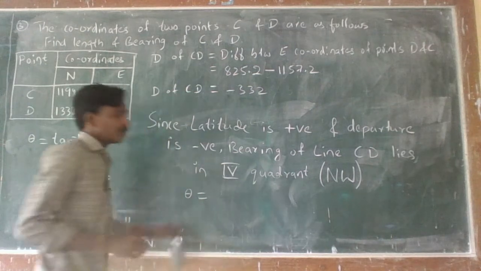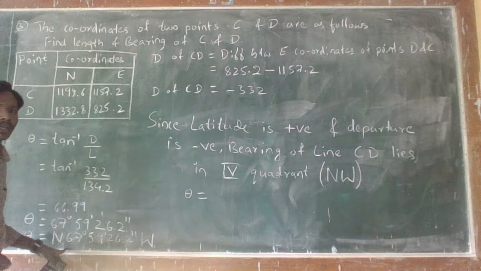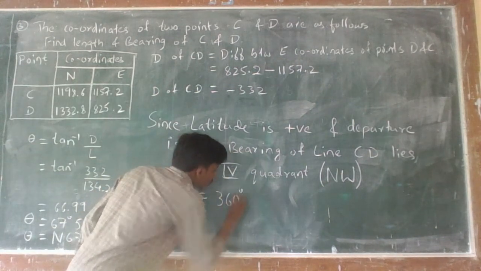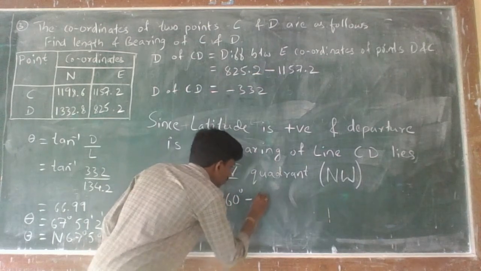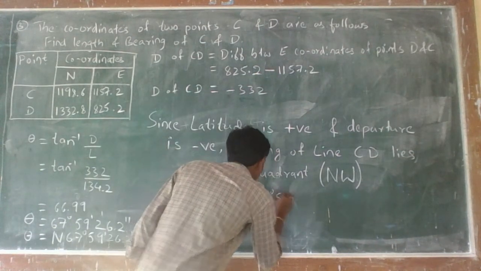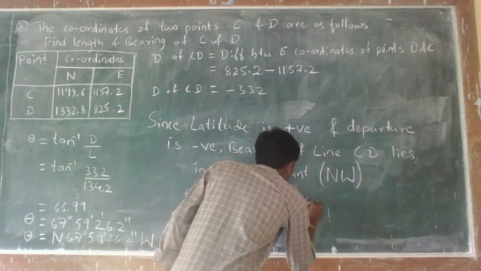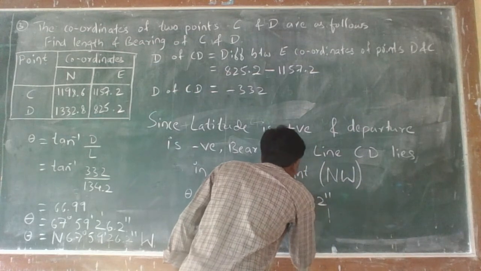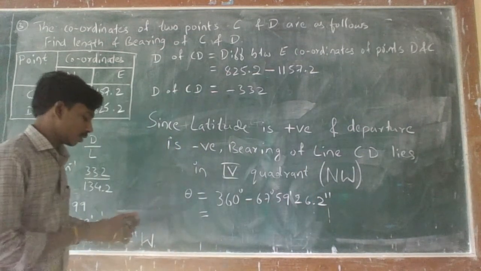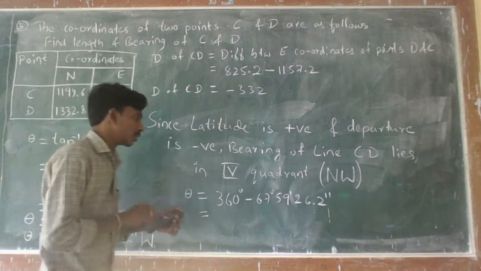Now conversion. So theta is equal to, in the WCB, if it is in the fourth quadrant, we have to deduct the reduced bearing from 360 degrees. Now 360 degrees minus 67 degrees 59 minutes 26.2 seconds.